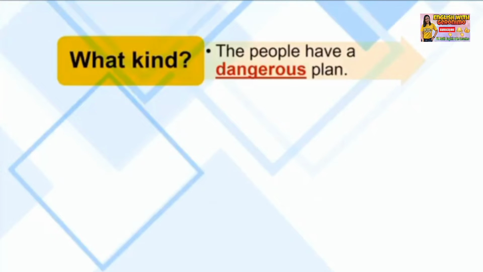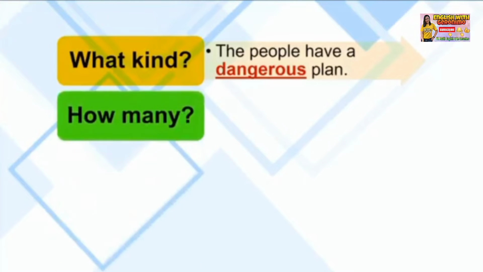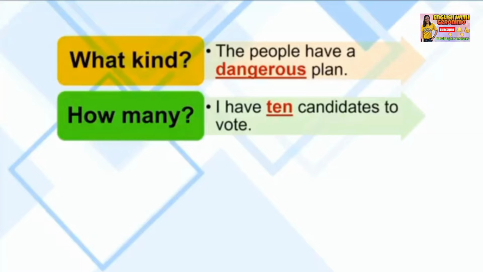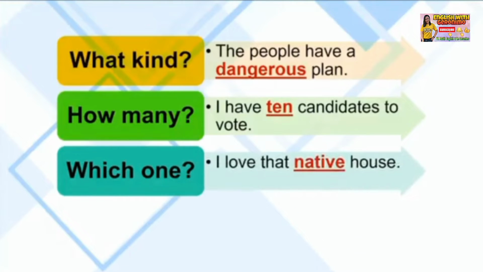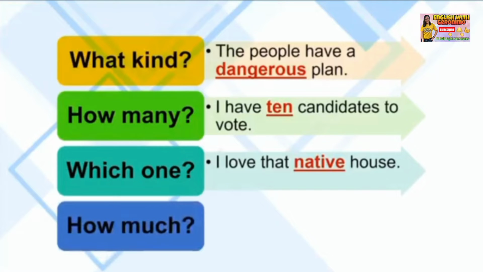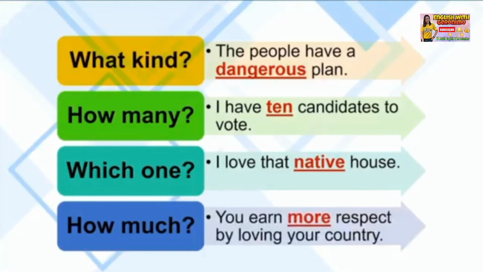Let's have some examples. For what kind? The people have a dangerous plan. How many? I have 10 candidates to vote. Which one? I love that native house. How much? You earn more respect by loving your country.